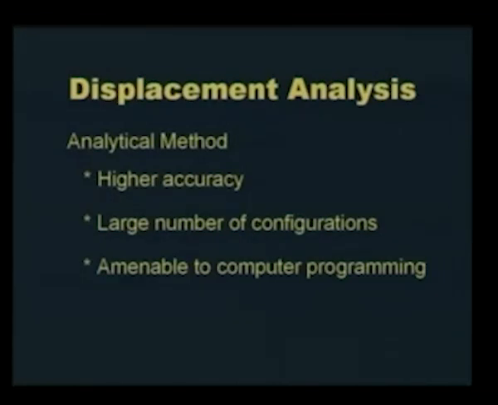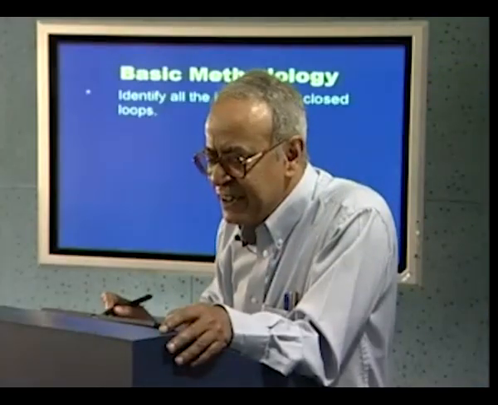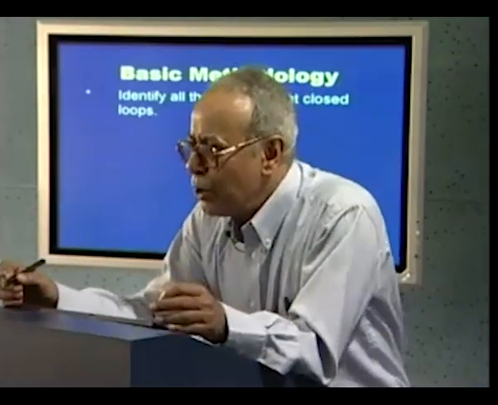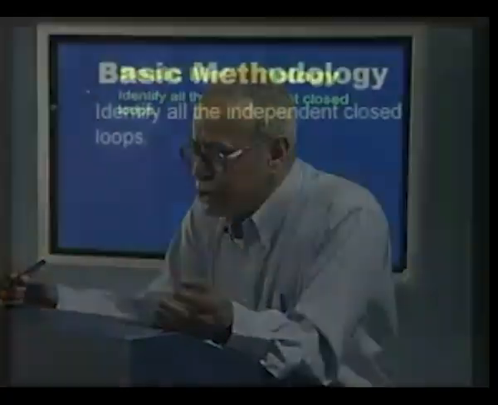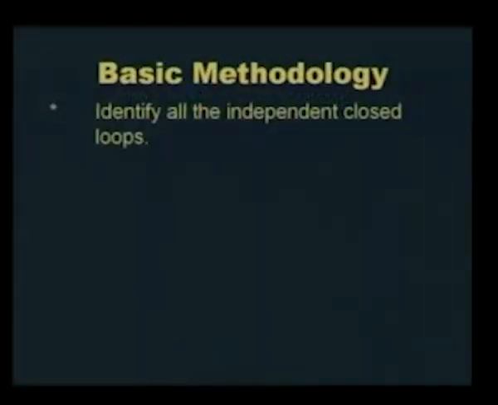Now, before we get into the details of the analytical method and solve examples showing the power of the analytical method, let us go through the basic methodologies that are followed in this analytical method. As we know, all mechanisms consist of closed kinematic loops. So, first task is to identify all the independent closed loops that exist in the mechanism.